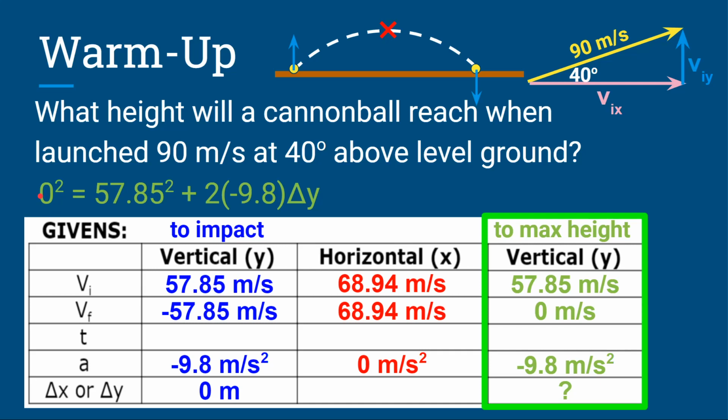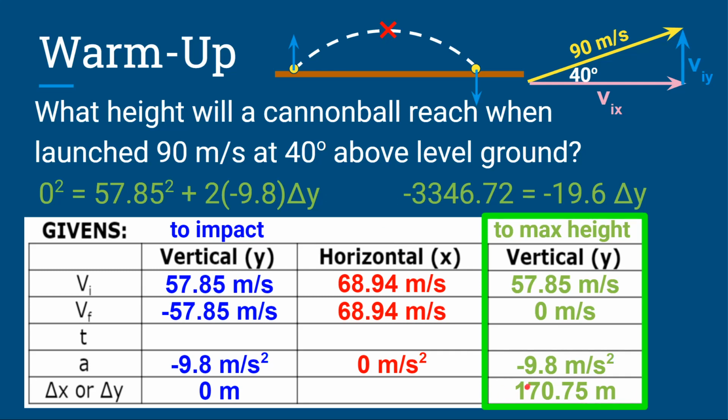So VF is 0, so 0 squared equals 57.85 squared plus 2 times negative 9.8 times delta Y. If I start solving that, I move the 57.85 squared to the other side, and I end up with negative 3,346.72 equals 2 times negative 9.8, which is negative 19.6, times delta Y. Then if we divide both sides by negative 19.6, we get a positive number, and when you put that in your calculator, it comes out to be 170.75 meters. I filled it in here at the bottom.